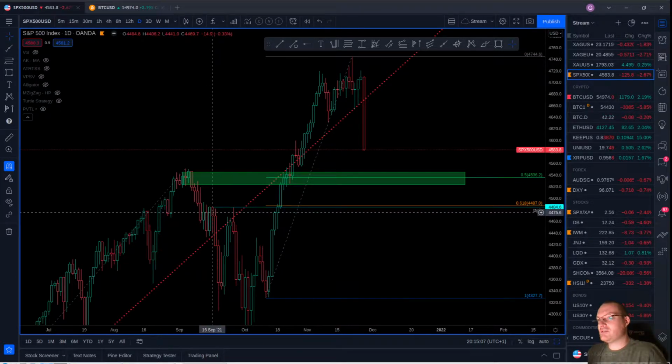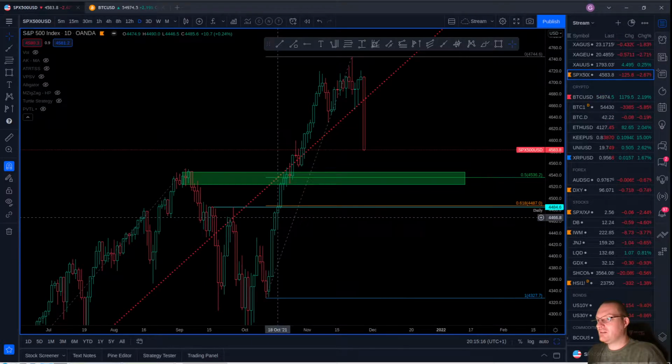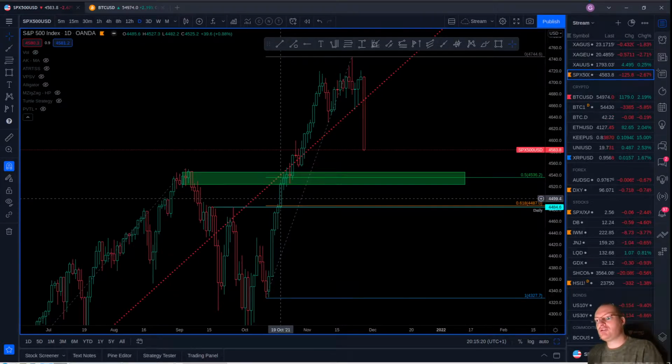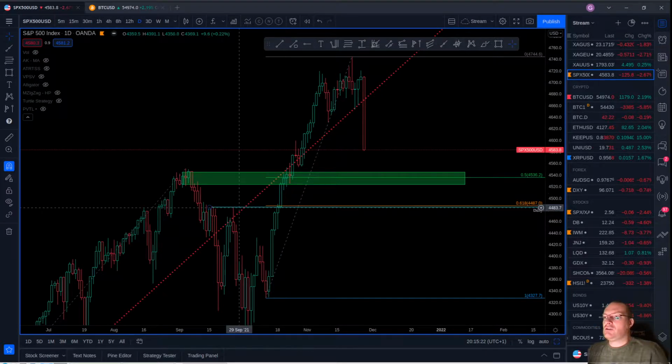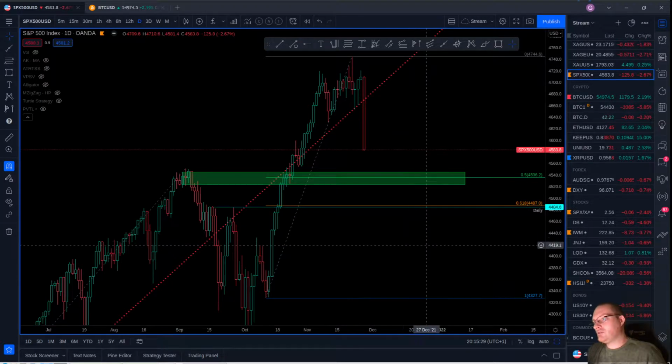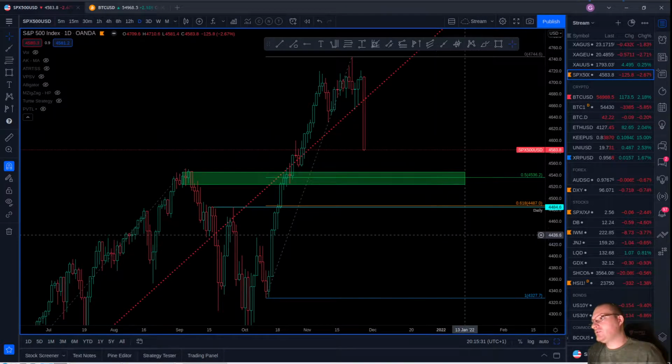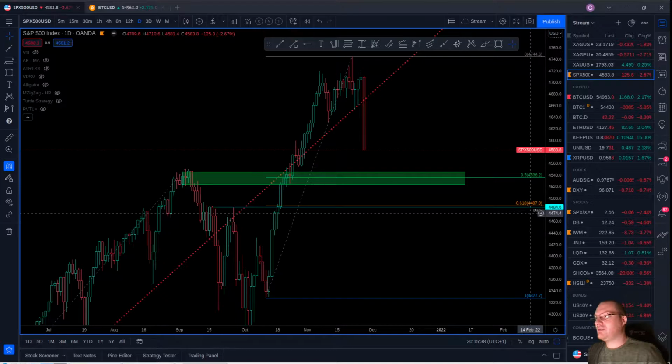It was a resistance on the 15th of September, then on the 16th, on the 27th, and then on the 18th of October, and then on the 19th we could finally push through. So now we can come back to this region to retest it as support. That means I'm looking at the region of 4,536 to 4,487.